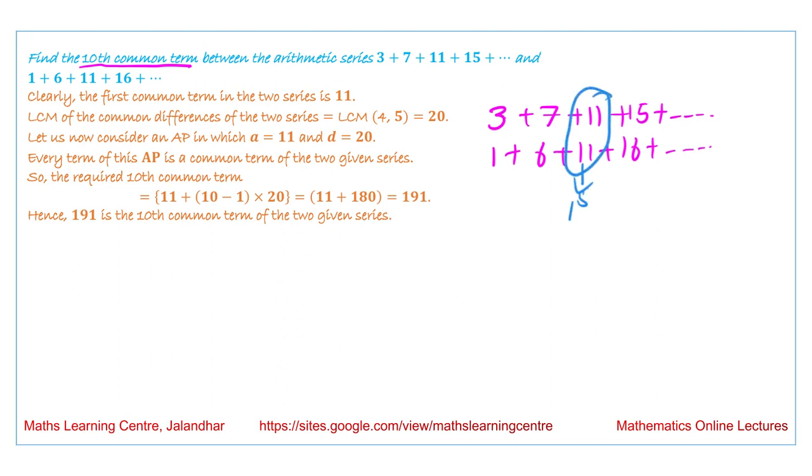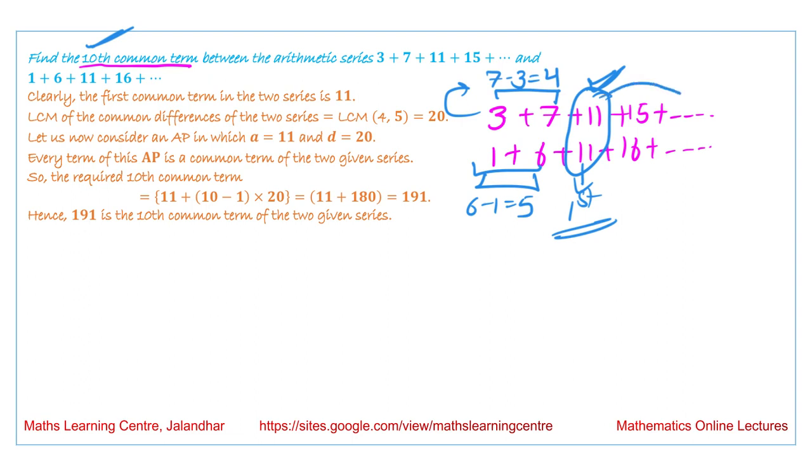This is the first common term. Like this we have to calculate the 10th common term. The common difference for the first series is 7 minus 3, that is equal to 4. And the common difference for the second series is 6 minus 1, equal to 5. We are saying this term is a common term over here.